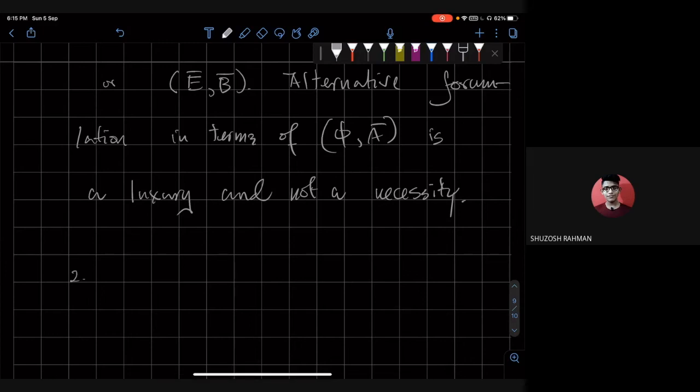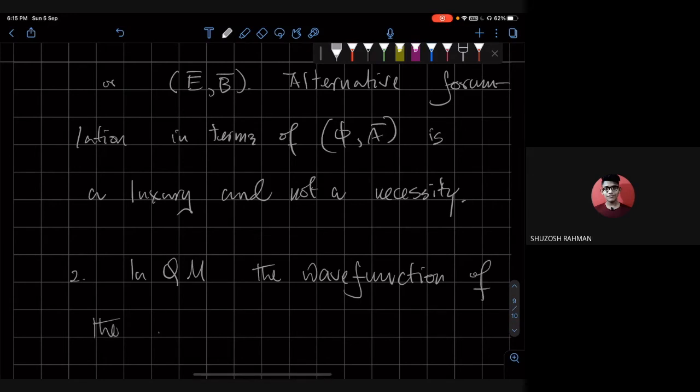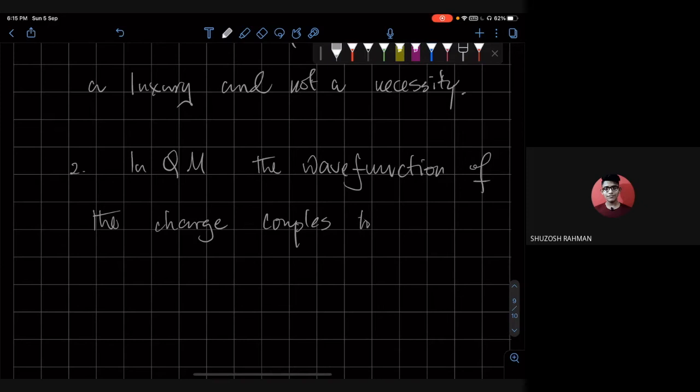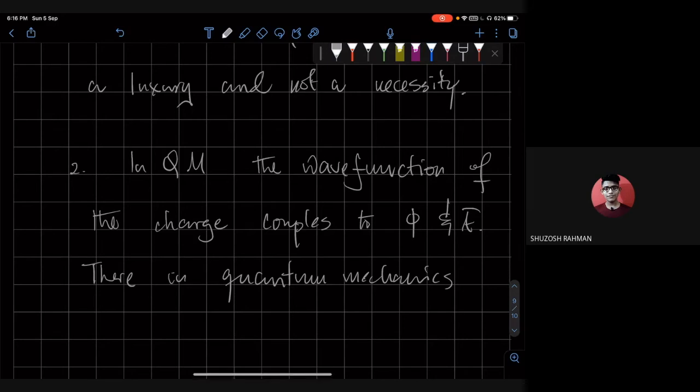Number 2 comment is that, however, in quantum mechanics, the wave function of the charge couples to phi and A. Therefore, in quantum mechanics, the use of phi and A is more essential.